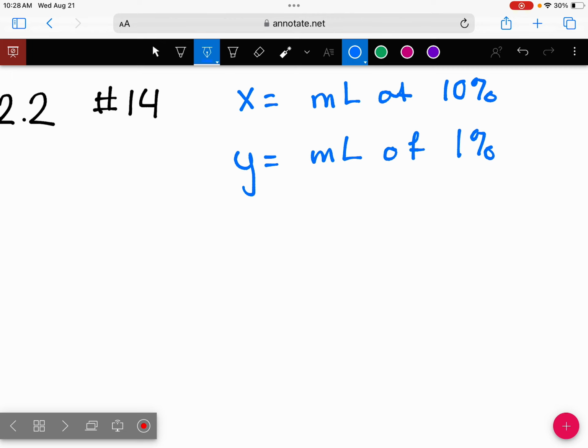How can we build equations here? Let's start with we need a total of 15 milliliters of solution.